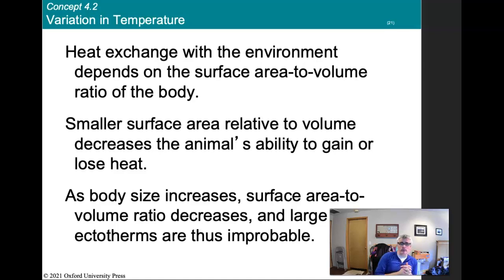Large ectotherms are thus improbable. What this is saying is, one way to think about this is the surface area of a sphere. Surface area increases with the square, and volume increases with the cube.